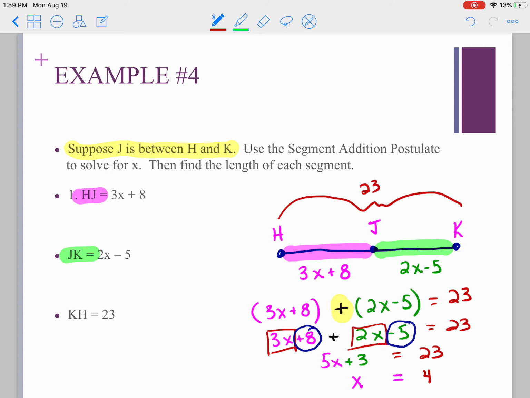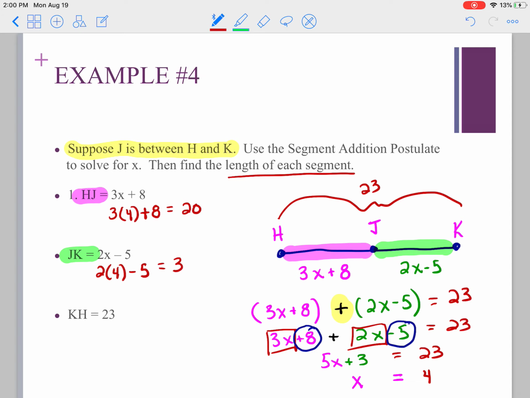Now when I find the length of each segment, I need to substitute the 4 back in, because it's asking for the length of each segment. So 3 times 4 is 12. 12 plus 8 is 20. Then 2 times 4 minus 5. 2 times 4 is 8. 8 minus 5 is equal to 3.